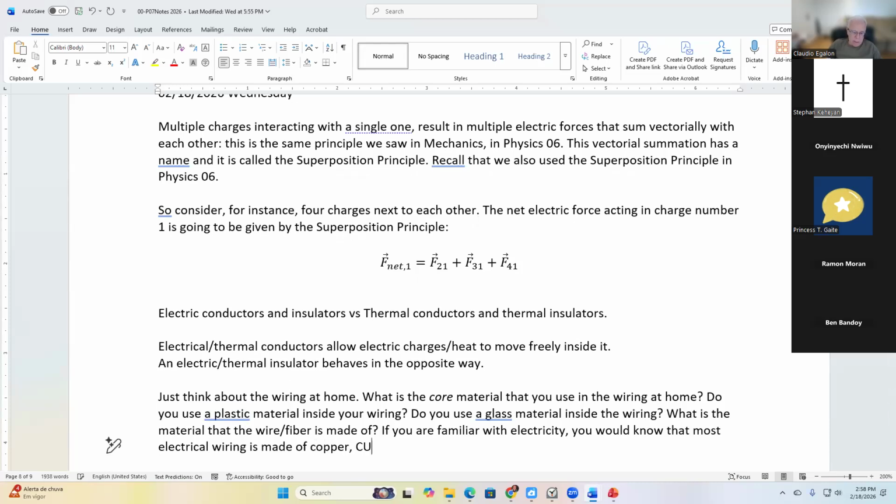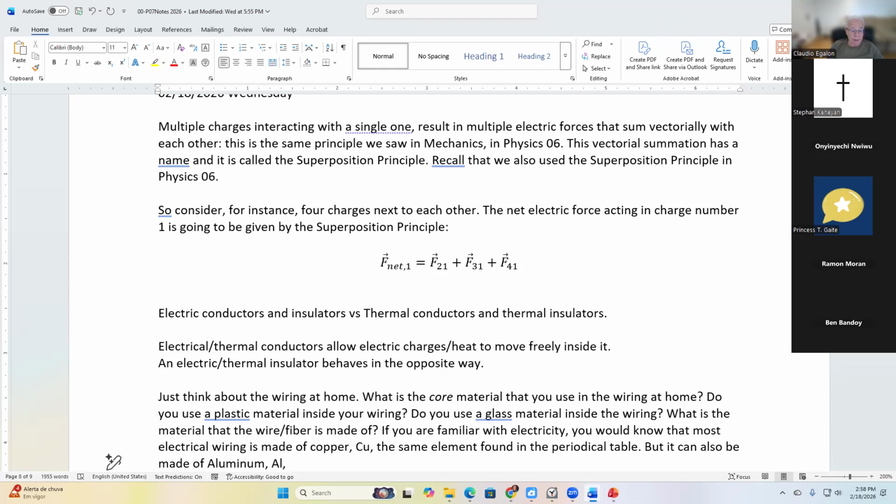Cu, the same element found in the periodic table. But it can also be made of other materials, like aluminum, Al.